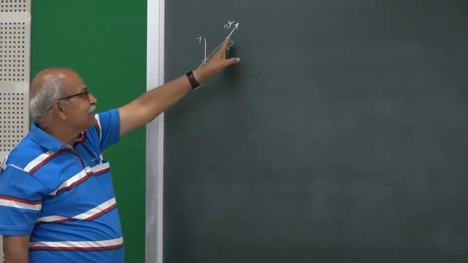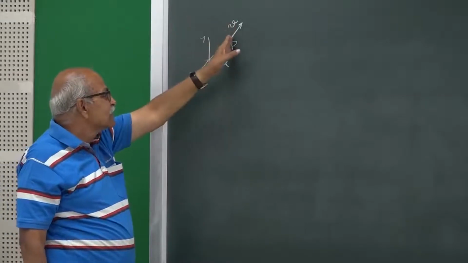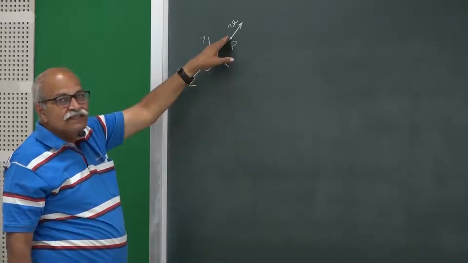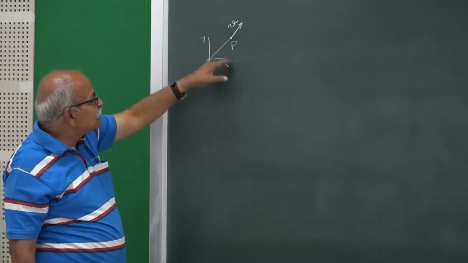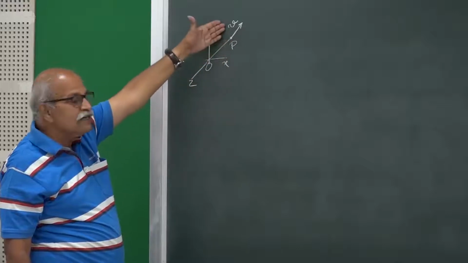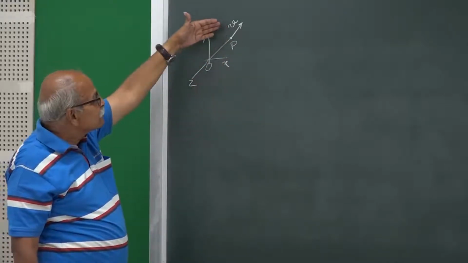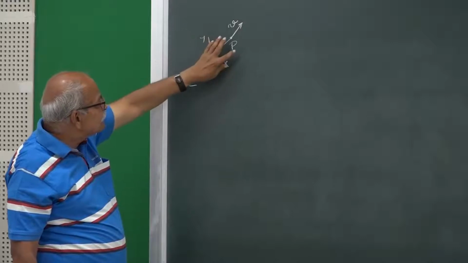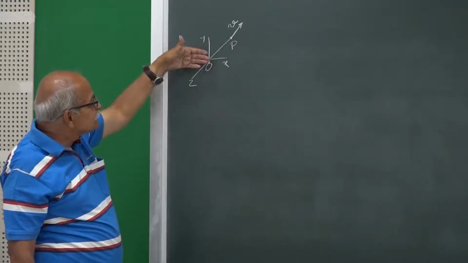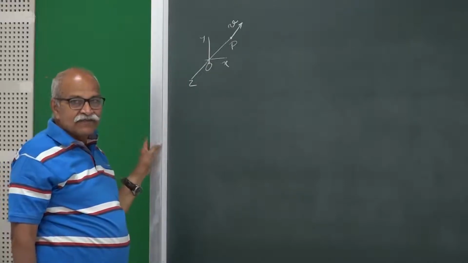At this particular instant it will have some velocity, so there will be a velocity vector, and then you have this OP. So, you choose your x y axis in the plane of this OP and this V, so that at least initially the particle is moving in this plane, and then the z axis is perpendicular.